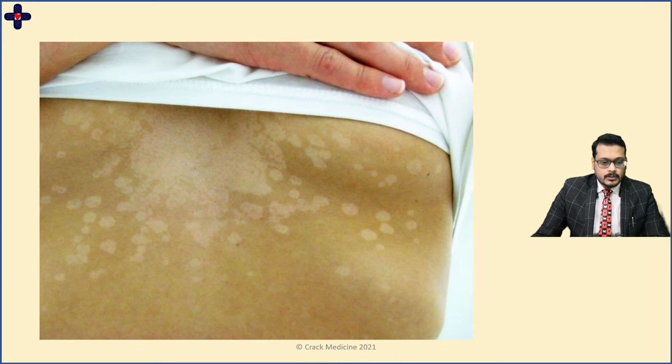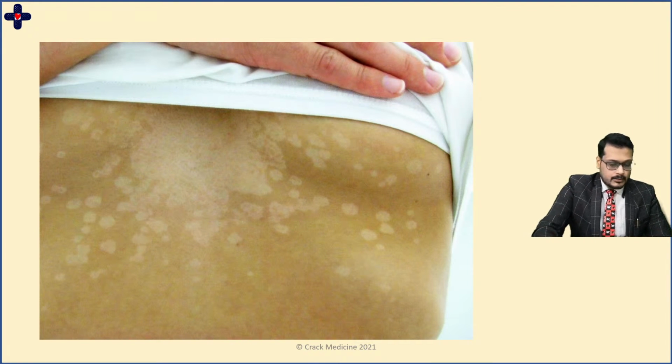You can see that these are distinctively different from the skin. The wonderful thing to differentiate is that these will not get tanned. Usually, when a person is tanned, these hyperpigmented macules will not get tanned. So that's how you differentiate them from skin discoloration.